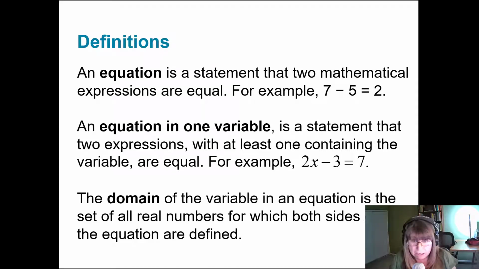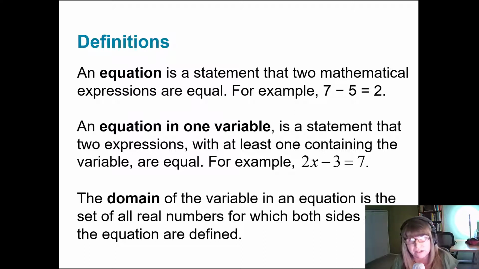The domain of the variable for an equation is the set of all real numbers for which both sides of the equation are defined, which means we're not setting off any alarm bells. Like if we have a fraction, we don't want the denominator to be 0. If we have a square root, then we don't want that square root to contain a negative value, because then we're not in the real numbers.